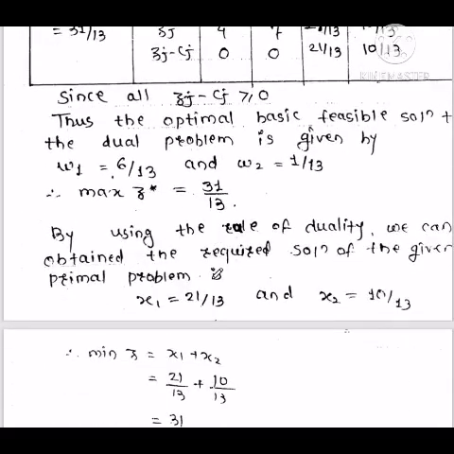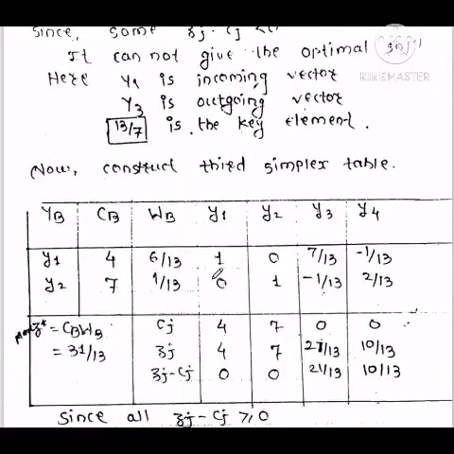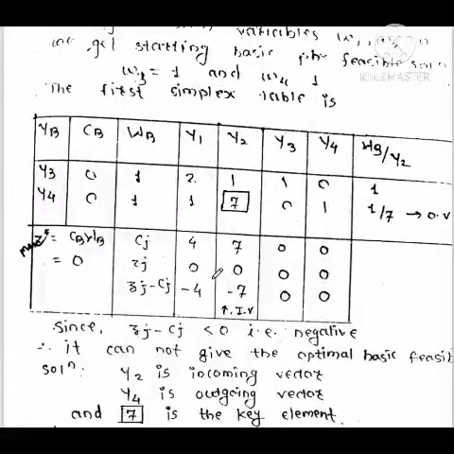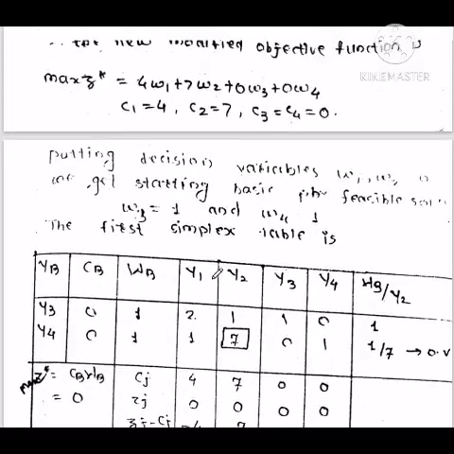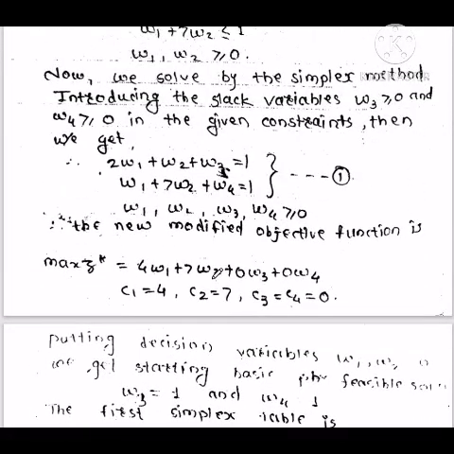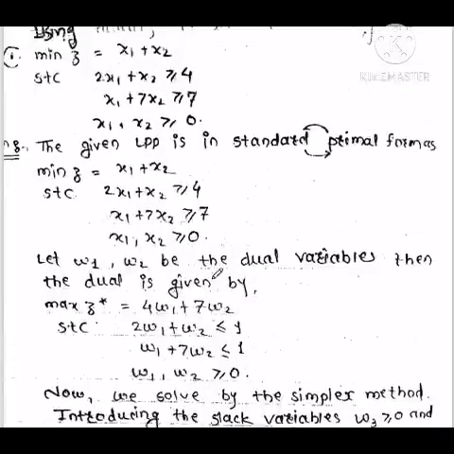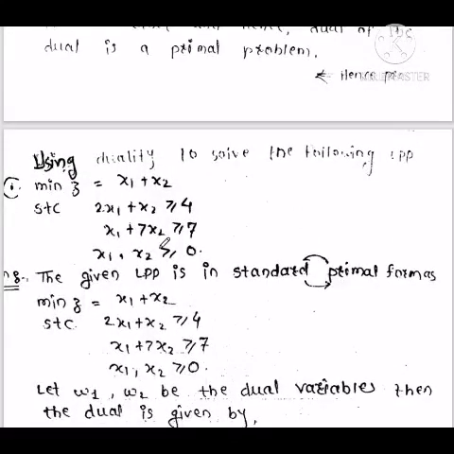So you will get the solution in the dual variables. Then, after using the rule of duality, you can convert that dual optimal solution into a primal solution. So this is the procedure for how to solve duality problems.